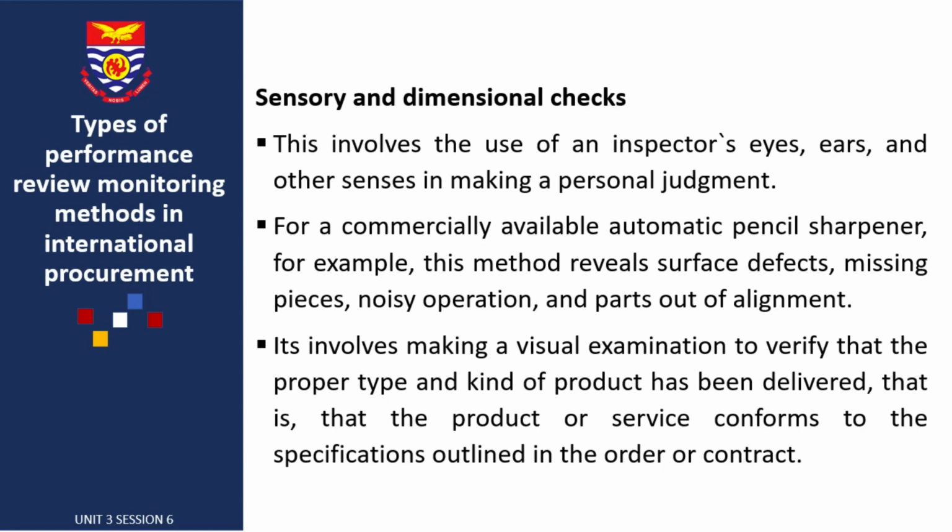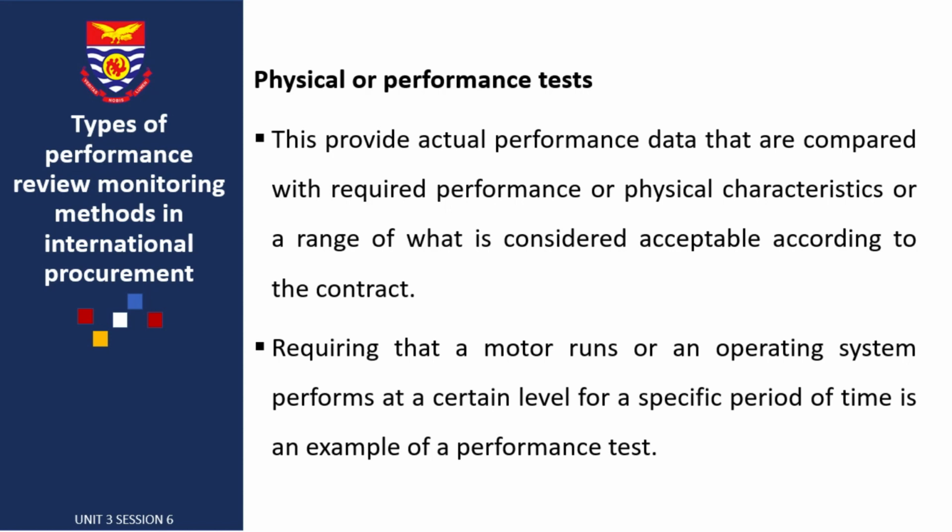Here it is more like a direct observation, but it is a sensory and dimensional check where you use your personal judgment, using an inspector's eye and ear to understand whatever they have bought, and to see if what procurement has purchased is in line with the specification as identified in the contracts.